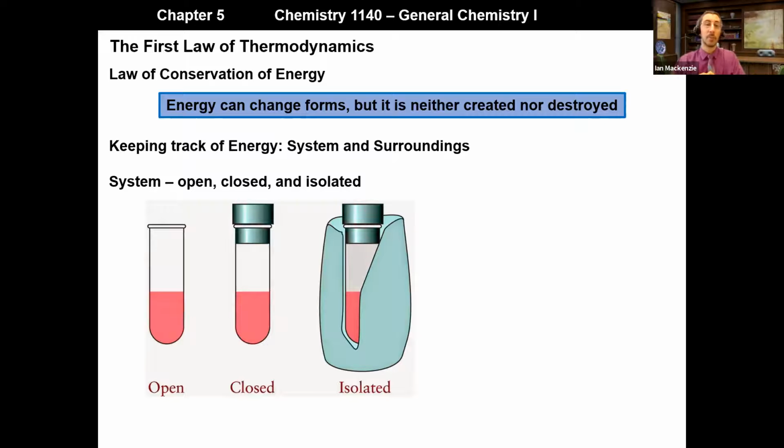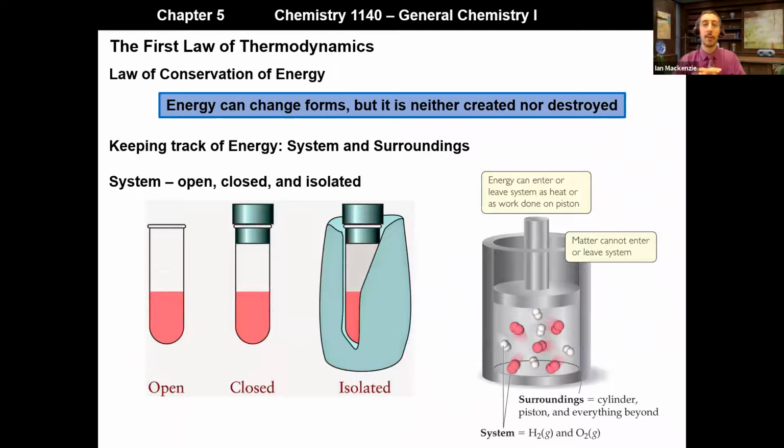A closed system is one where energy is able to enter or exit the system, perhaps through the form of heat or through the form of work, but mass is not able to exit or enter. And then finally, an isolated system is one where it's just like it says: no mass can enter or exit, and no energy can enter or exit the system.